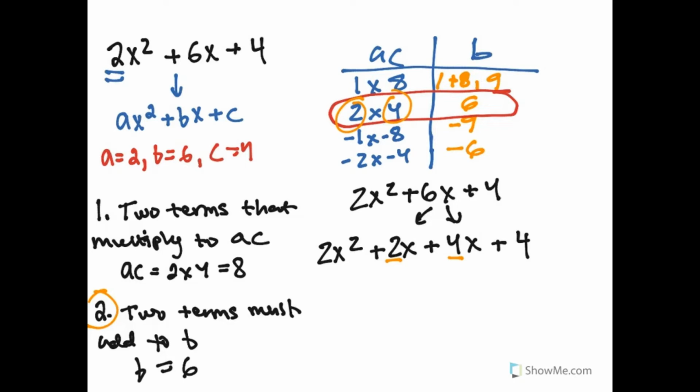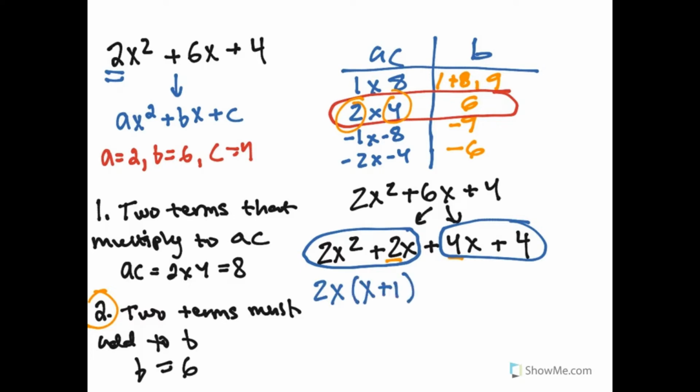Now that we've rewritten our polynomial in this split up way, what you do now is you group the first two terms together and the second two terms together, and you see if you can pull out a common number. So for the first set, we can pull out 2x from each of the terms, and we're left with x plus 1.